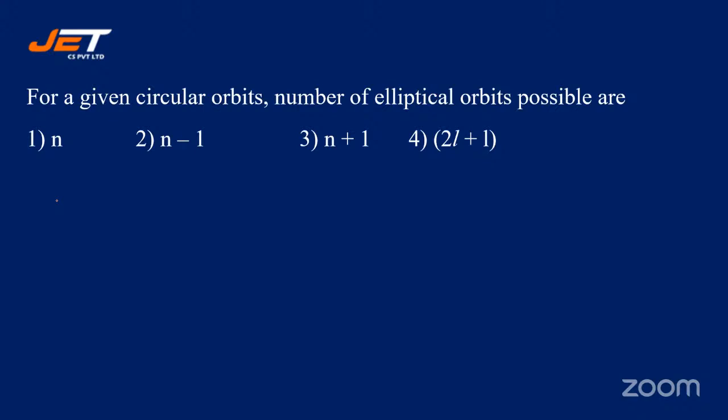For a given circular orbit, number of elliptical orbits possible are, and your options are number 1, n, option number 2, n minus 1, option number 3, n plus 1, or is it option number 4, 2l plus 1?